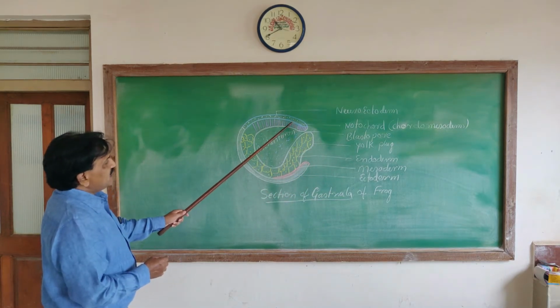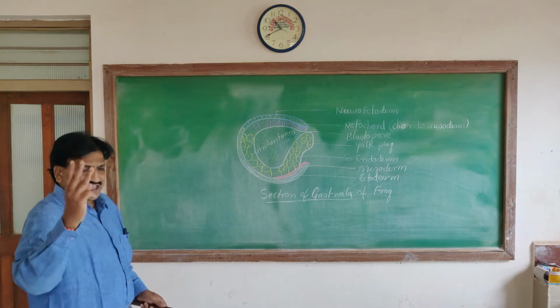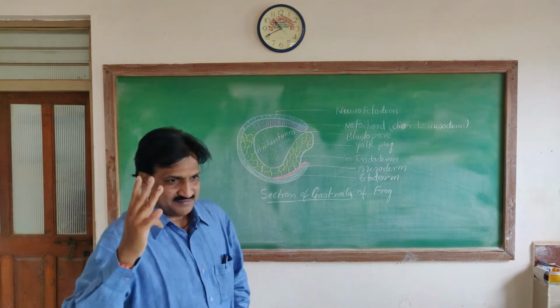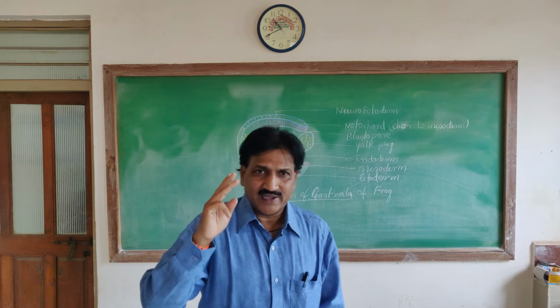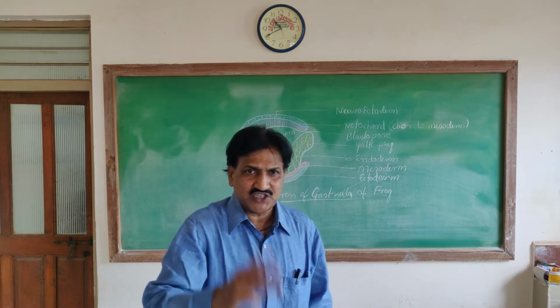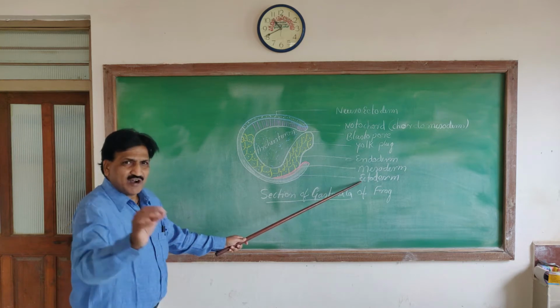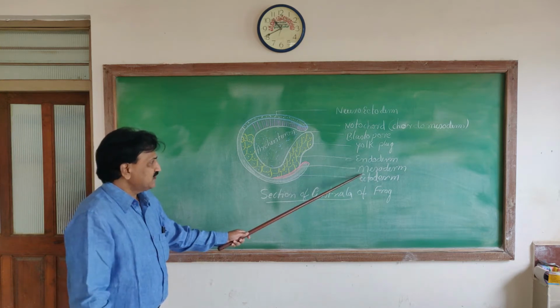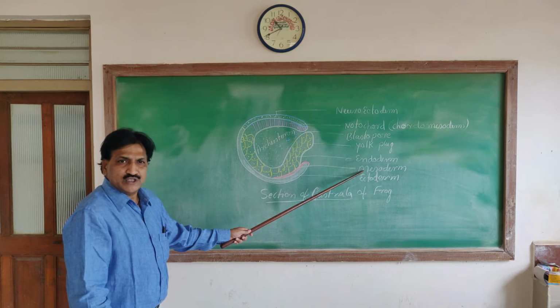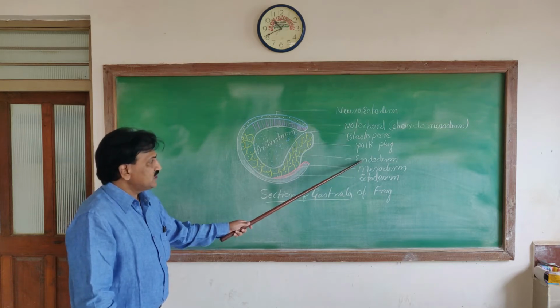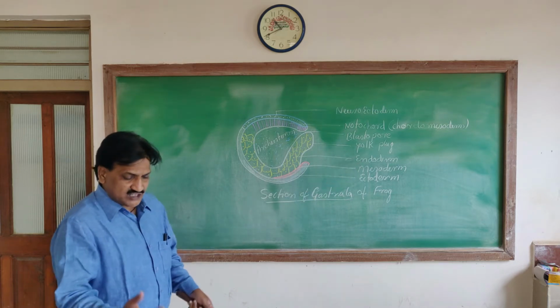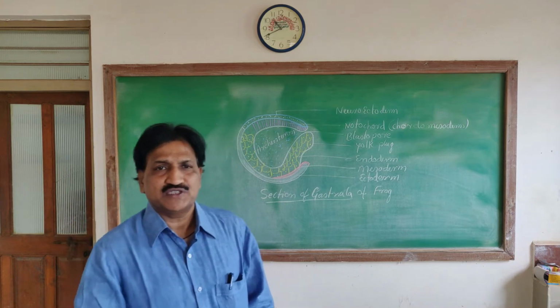Now here this gastrula has 3 germ layers. One is called the ectoderm, that is the epidermal ectoderm. The second one is called mesoderm, and the third one is called endoderm. Hence it is called triploblastic.